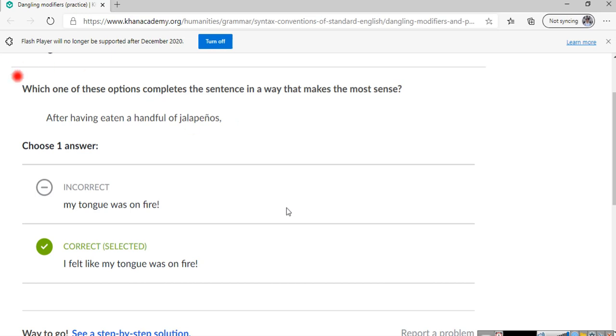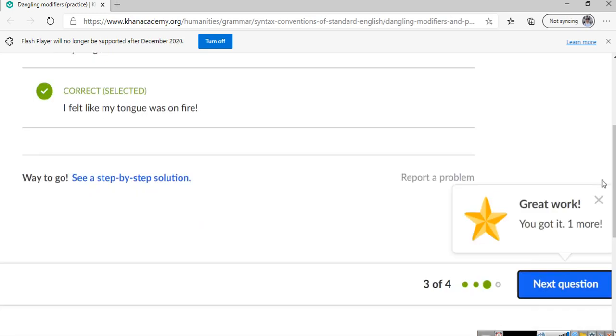If we were to say, after having eaten a handful of jalapenos, my tongue was on fire, it would be the same as saying the tongue was eating a handful of jalapenos, and that's impossible. But that is the reason.